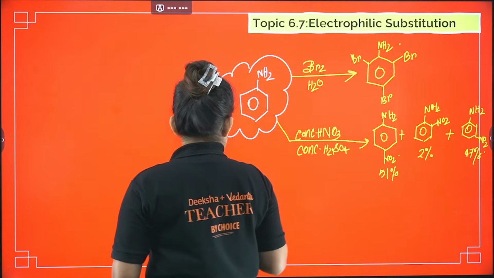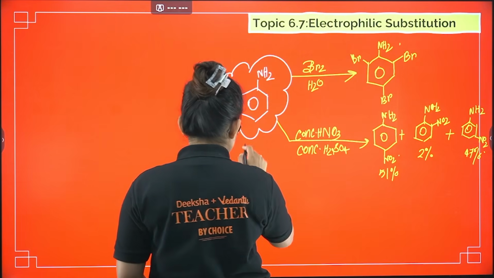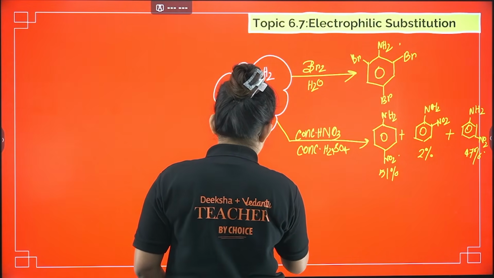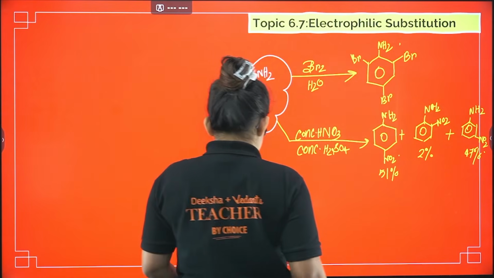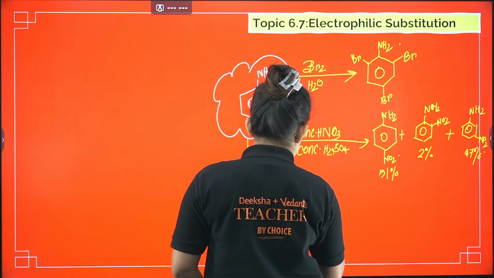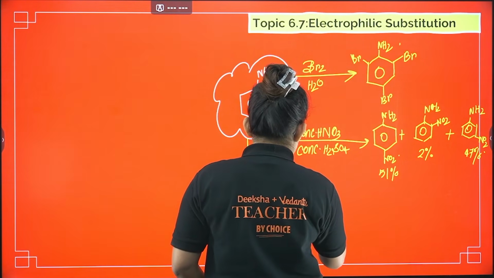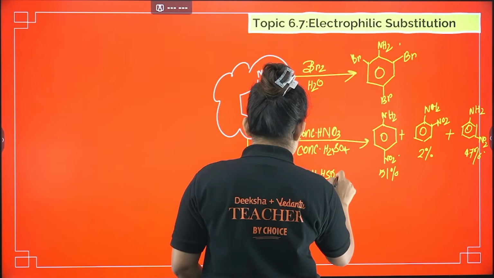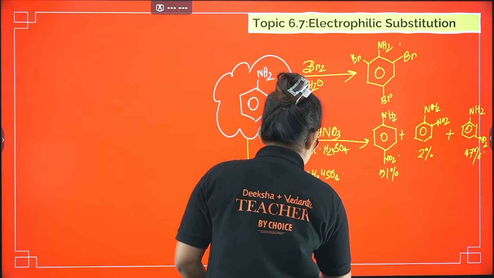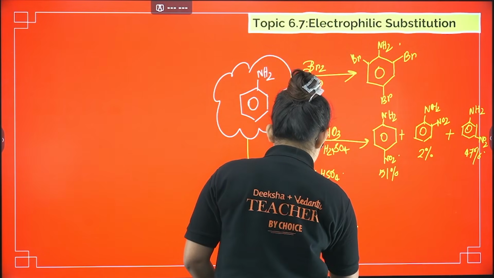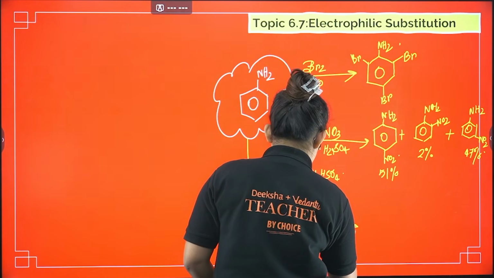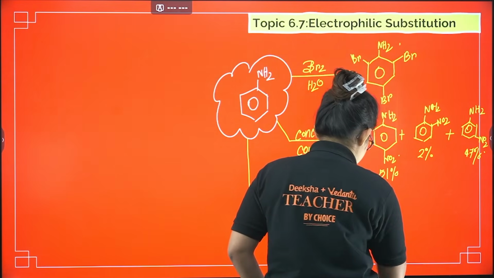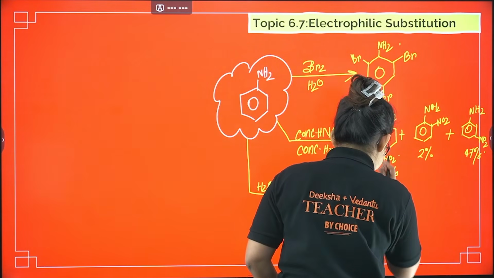Okay, next I can give only H2SO4. I can give only H2SO4, so it will become something like NH3HSO4. Okay, further on being heated, let's say I am giving temperature 453 to 473 Kelvin. If you heat this, you will get this type of compound.